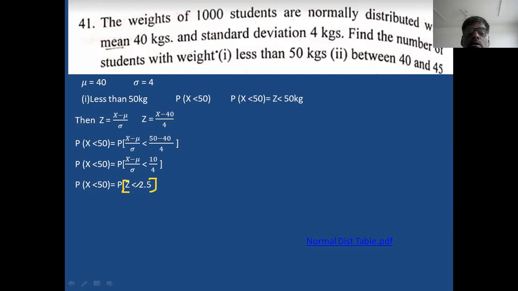This is the point you have to solve with the graph. Remember this. You have to go through the normal distribution table and then solve it.